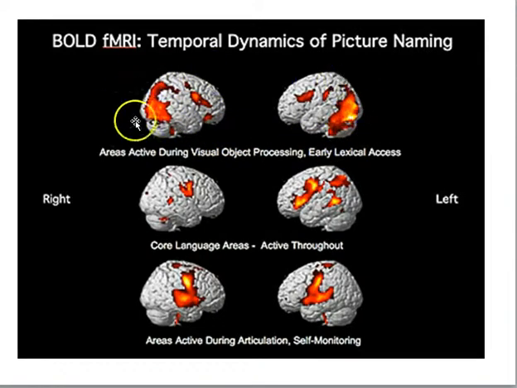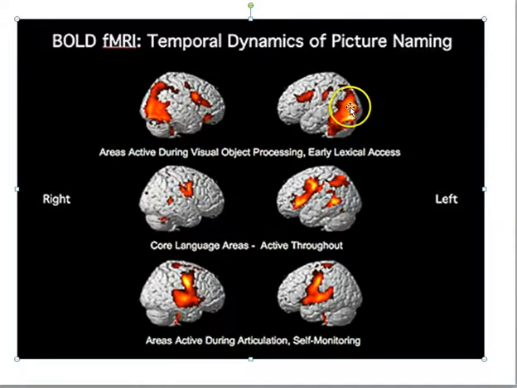First, the person is seeing the picture. And so here, in both the left and right hemispheres, we see the back of the brain showing high activity, and that would be visual areas coming down into the temporal lobe. So the person is seeing the picture.